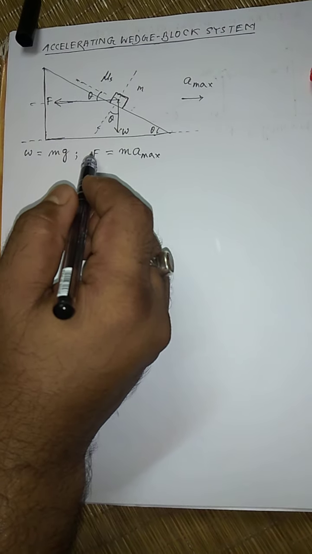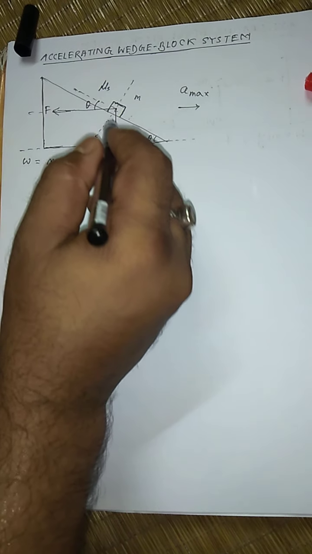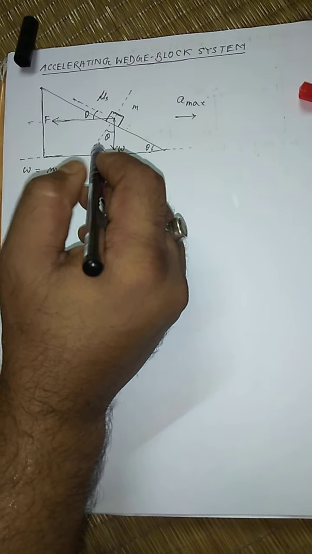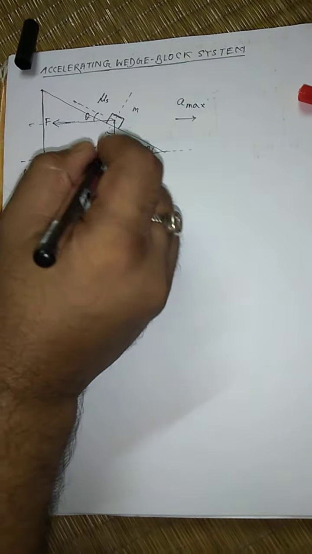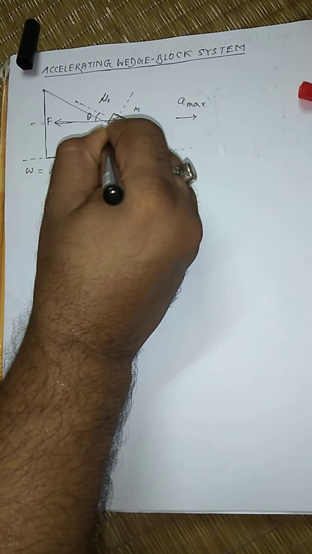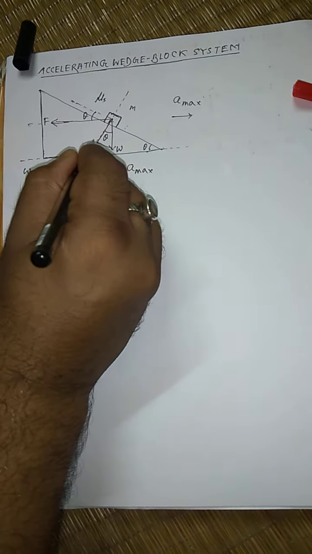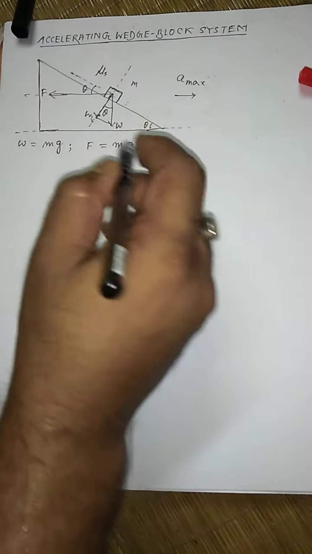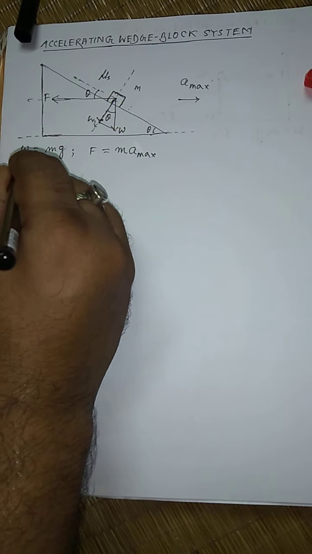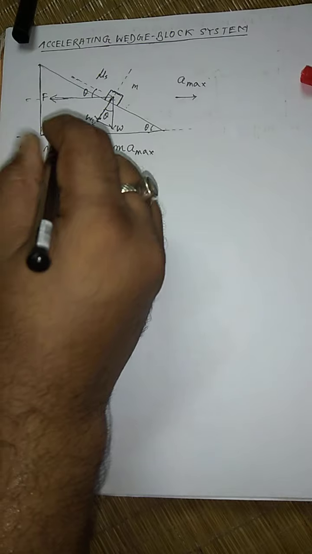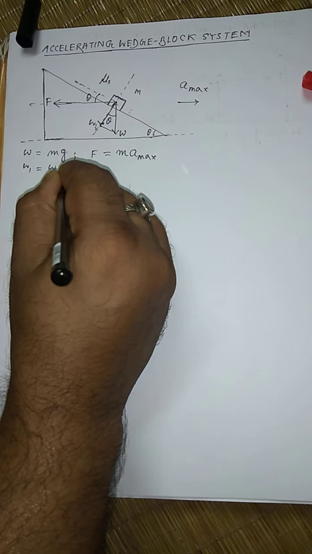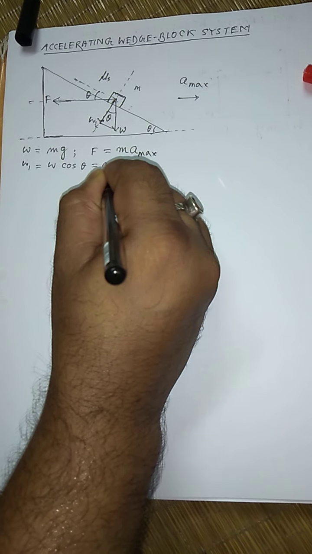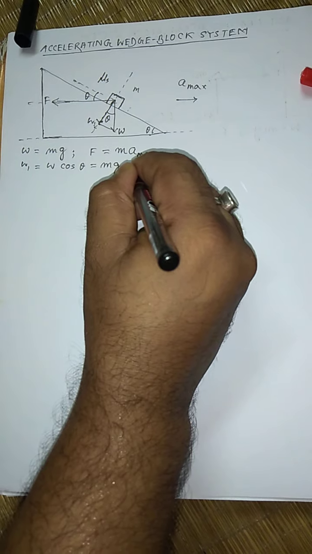The magnitude of the component of the force of gravity acting on the block in the direction normal to the inclined surface is given by W1, and W1 is equal to W cos theta, which is equal to mg cos theta.